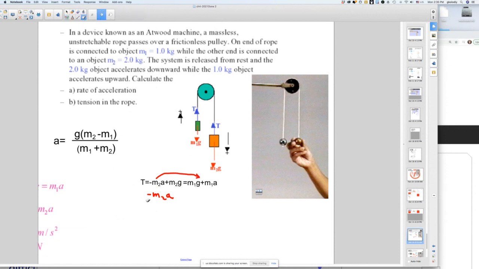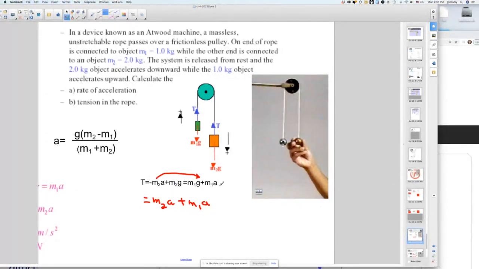So on the right side, I'll have M2A plus M1A. And on the left side, I'm going to bring M2G.